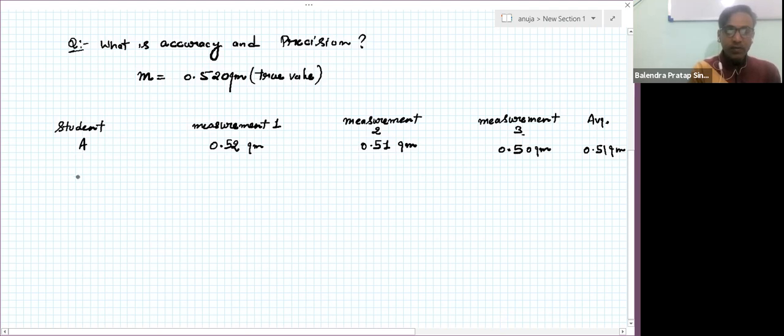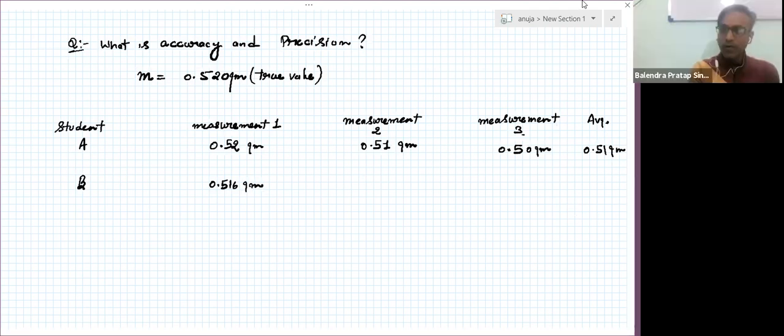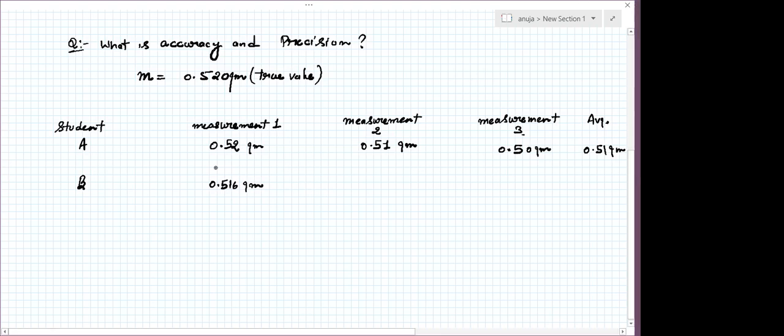Suppose next student B is taking observations, and the first value he got is 0.516 gram. Sir, should I write this? No, wait, just listen. After you explain, after.